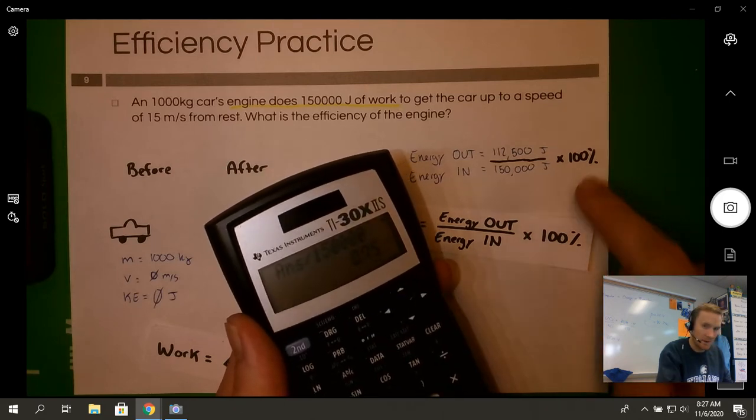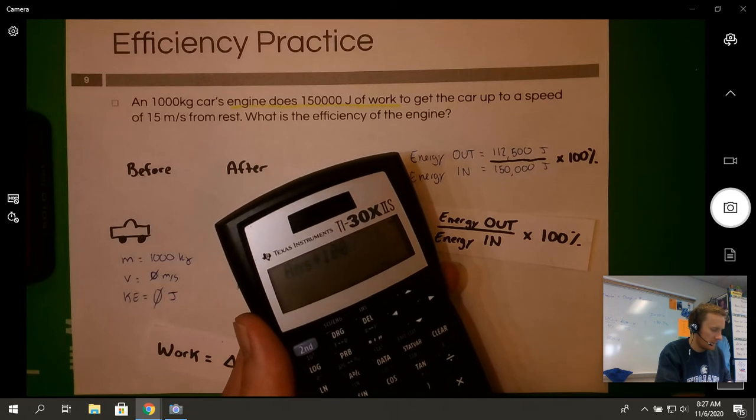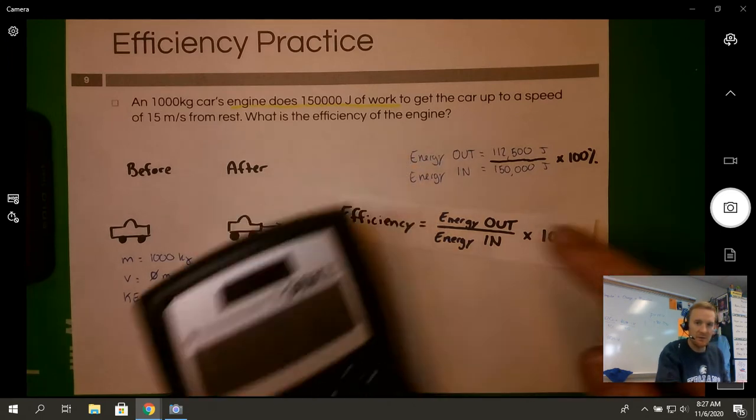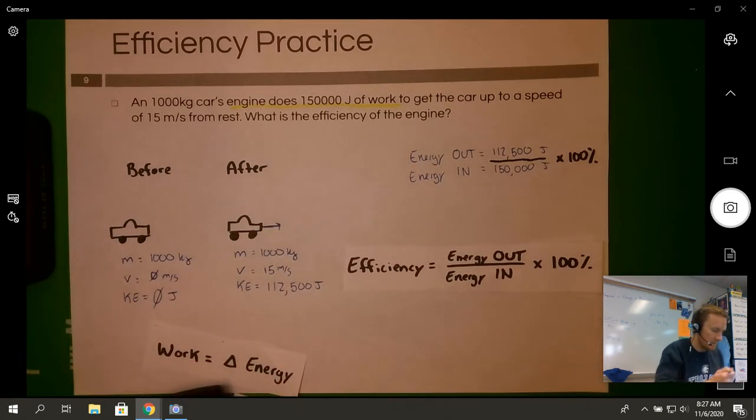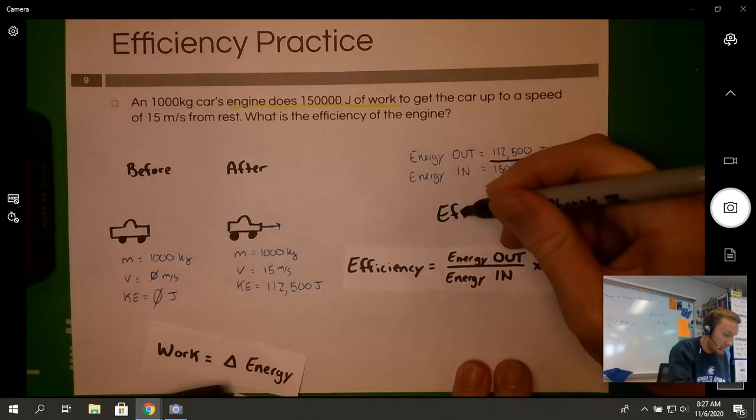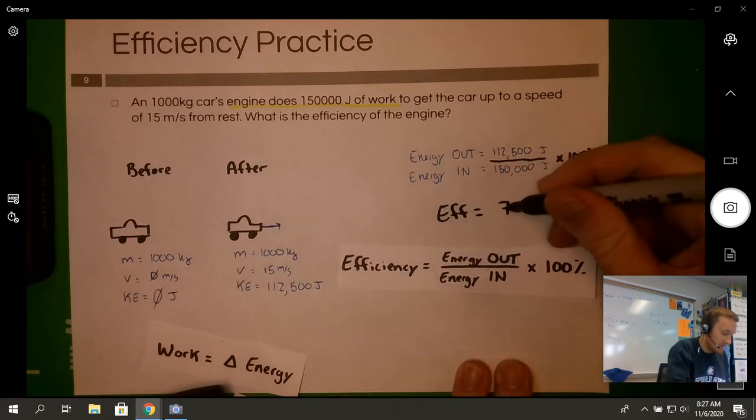Okay, multiply that by 100%, and I'm getting 75%. So the efficiency of this engine is equal to 75%.